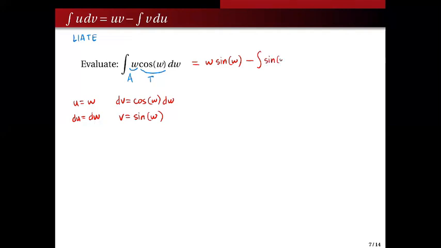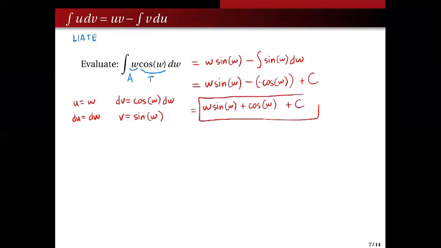So we have sine w dw. So in here, we have w sine w minus, we integrate sine w, that is negative cosine w. And then you have the plus c. Or you will have w sine w plus cosine w plus c. So this is the final answer.